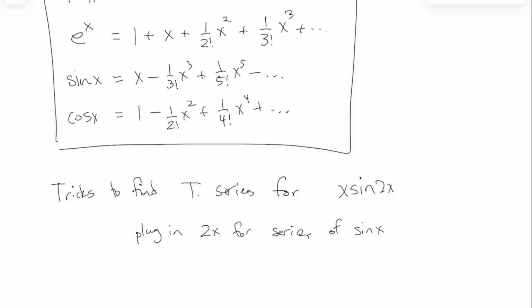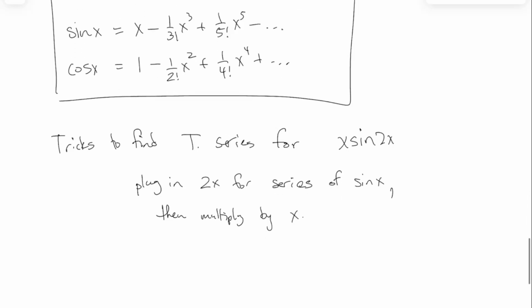So I'm going to plug in 2x for the series of sine x, and then multiply by x. You'll see what I mean. This is not so difficult and much easier than finding the Taylor coefficients directly by taking derivatives over and over again. You want to avoid that whenever possible, because that is difficult.